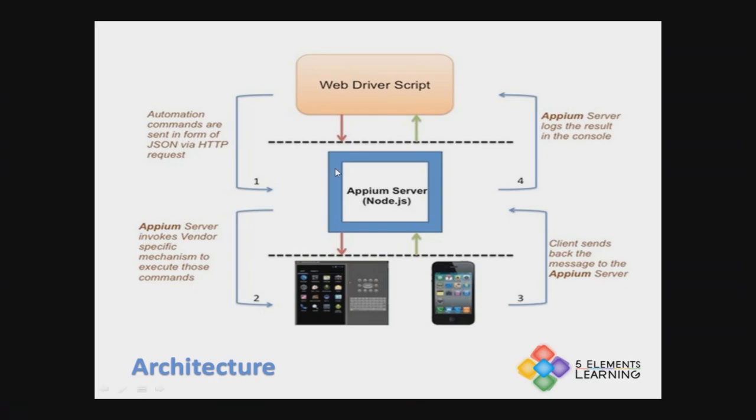So if we look at the architecture, what you have available is a WebDriver script or an APM script, which sends automation commands in the form of the JSON wire protocol using the HTTP request. So your data is being carried using the JSON wire protocol over the HTTP protocol, and it sends to this APM server. The APM server basically invokes the vendor-specific mechanism to execute those tests.